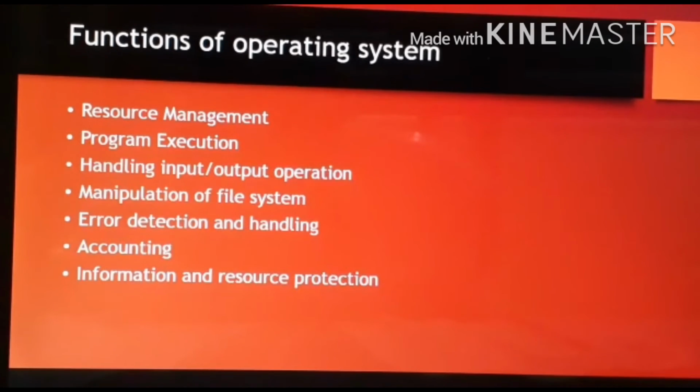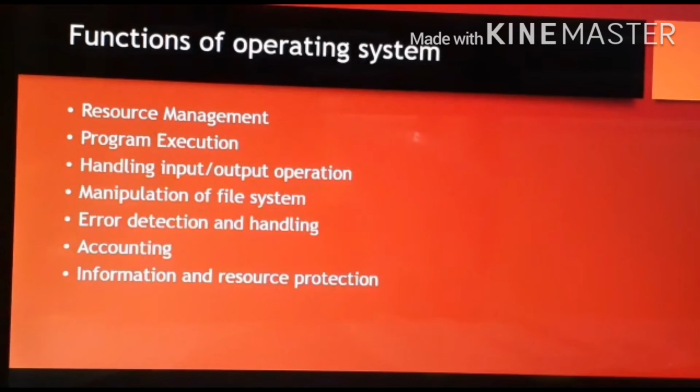Now one more task of the operating system is accounting. Accounting means keeping an account of what type of functioning is taking place and which types of errors have occurred in the past.